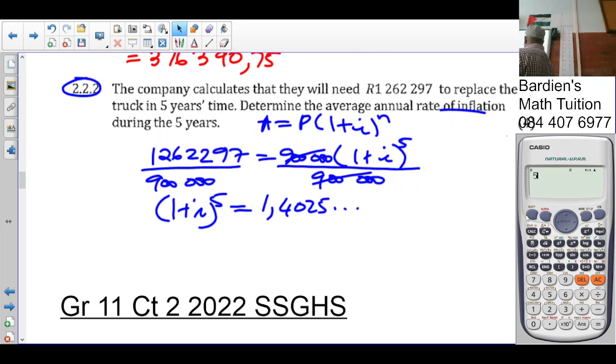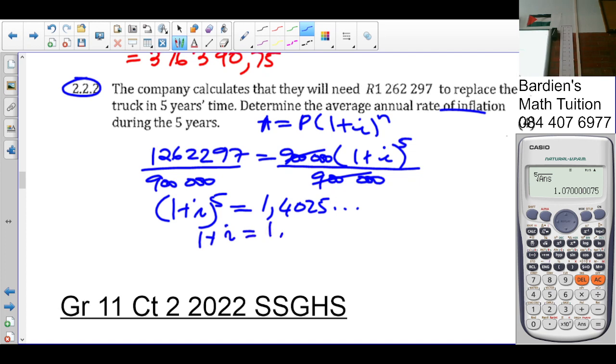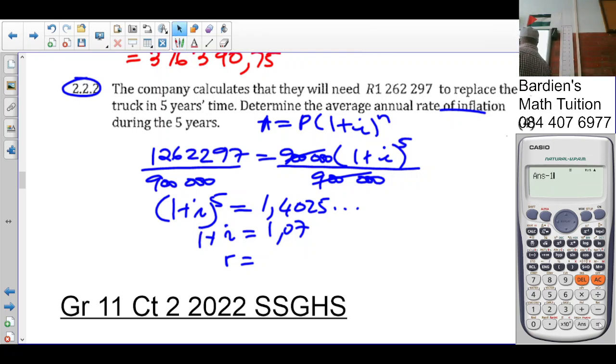So the fifth root of that answer is 1,07. So 1 plus i is equal to 1,07, minus 1 will give you 0,07, times 100, of course gives you 7%. Okay, the rate is 7%, your inflation rate. Okay, any confusion here?